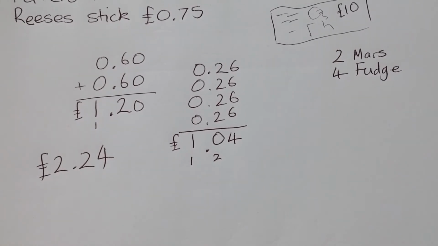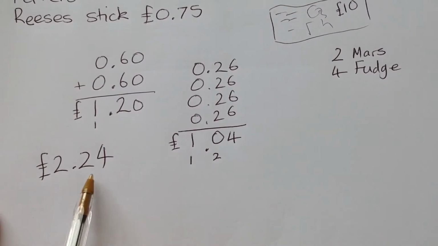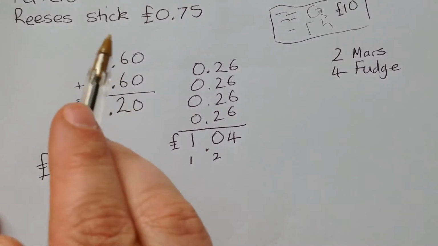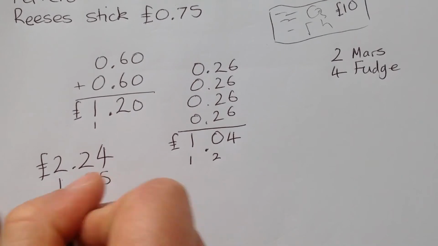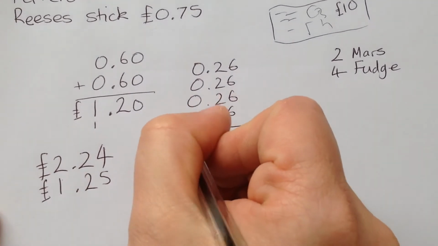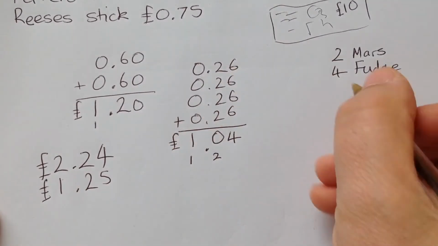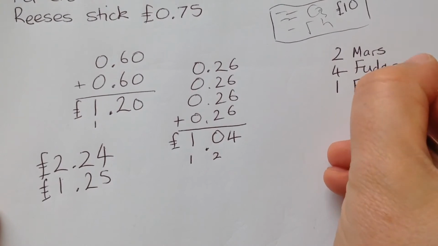I'm going to add a few more things on, but then you can obviously add a lot more than I do. So what I'm going to do is take my £2.24 and add on some Ferrero Rocher, which is £1.25. So I'm going to have 1 Ferrero Rocher.